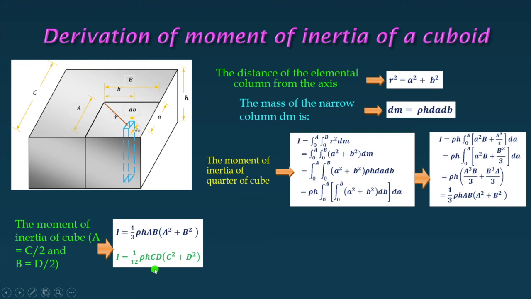Then we get 1 by 12 rho h CD into C square plus D square. C and D are the dimensions of the total cuboid, and capital A and capital B were the dimensions of the quarter of the cuboid.